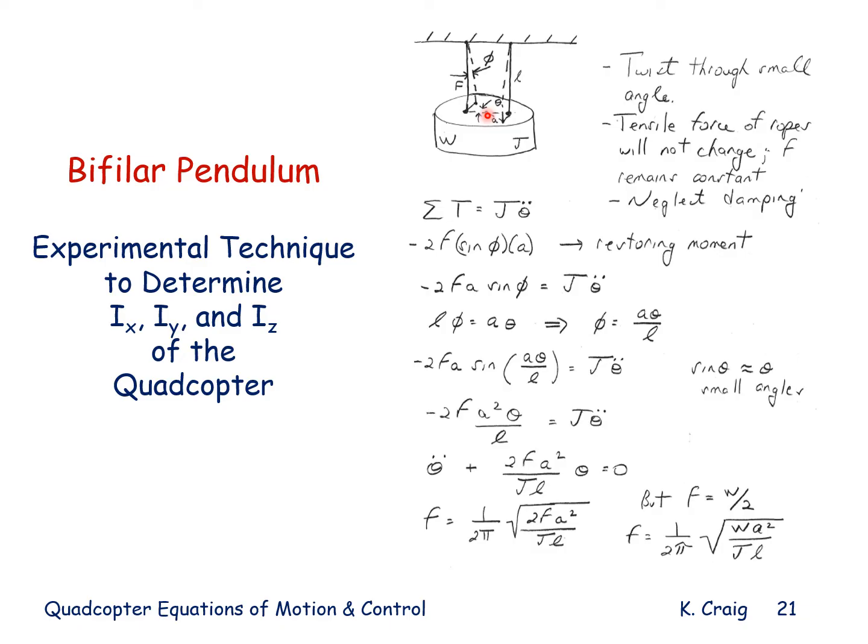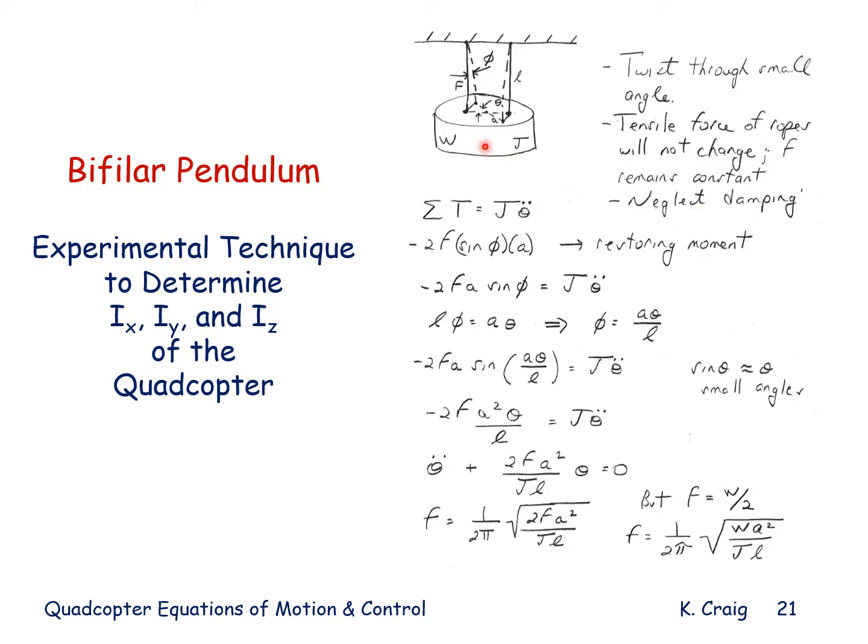The length of the strings is L. If I twist this object through a small angle, there will be a restoring force from the strings. I assume that the tensile force of the ropes or strings will not change, and so this restoring force, F, will remain constant. I'll also neglect any damping in this system, any energy dissipation in the system.